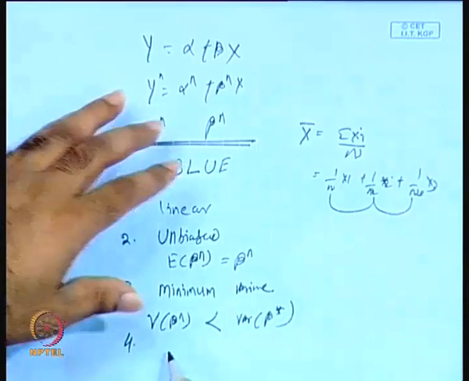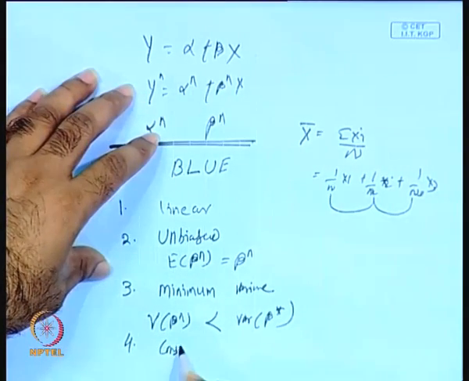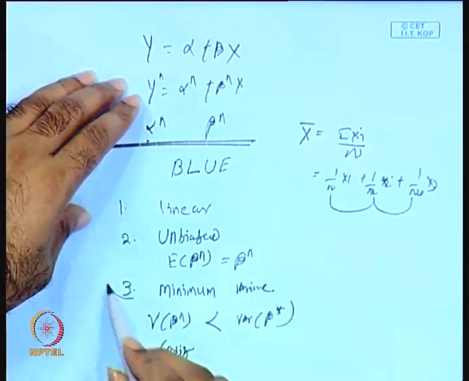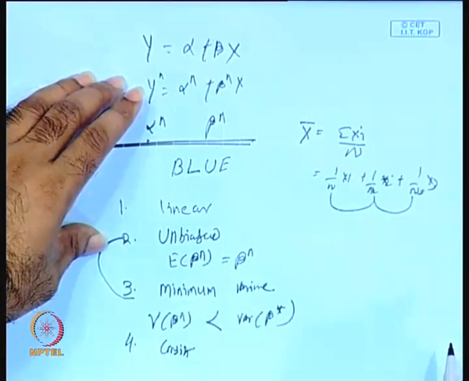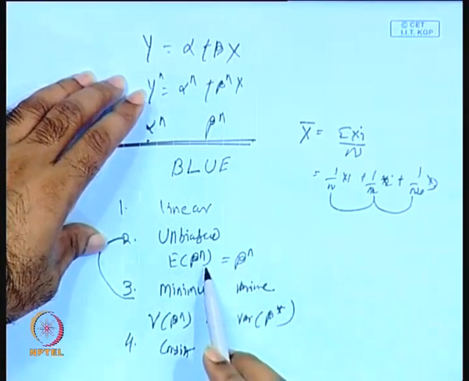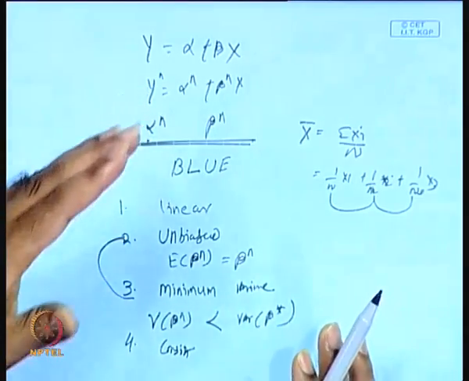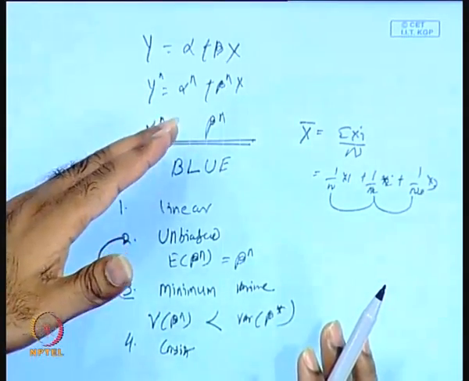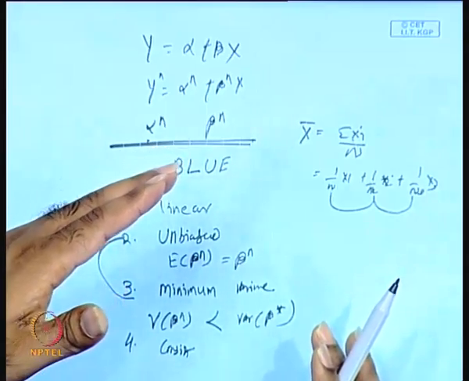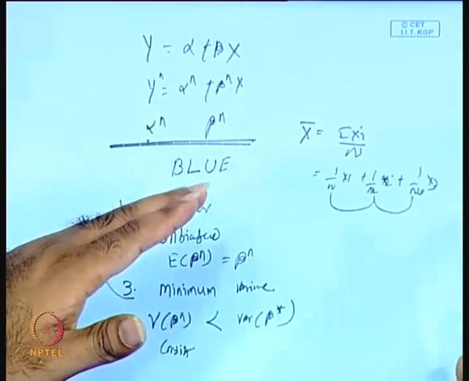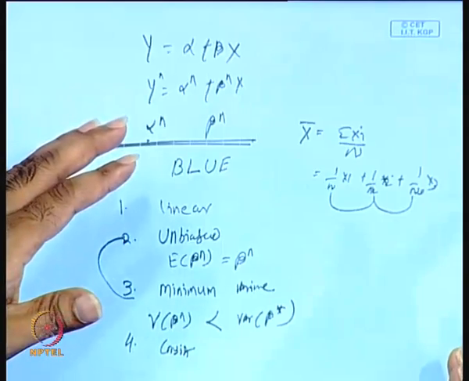Then the fourth one is that it should be consistent. Consistent means it is an integration of both the minimum variance property and the unbiasedness property. That means E of beta hat should be equal to beta, and the variance of beta hat should be less than the variance of another estimator, say beta star.